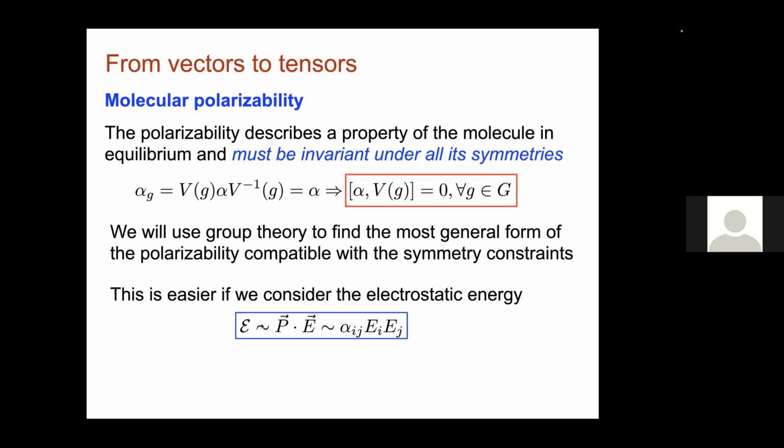I mean, it's 1/2 and things like that, but I don't care about these things, okay? So this quantity, this is just the tensor contracted with the electric field, must be invariant. Why? Because if the molecule doesn't change under a rotation, its energy cannot change, okay?